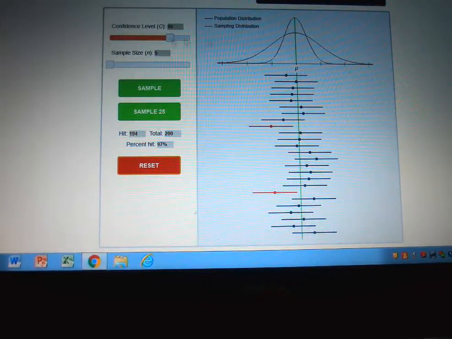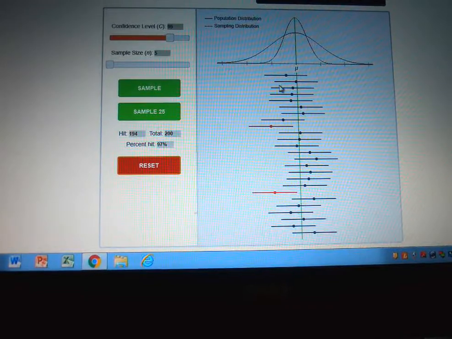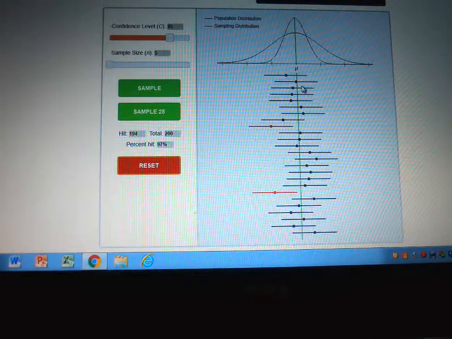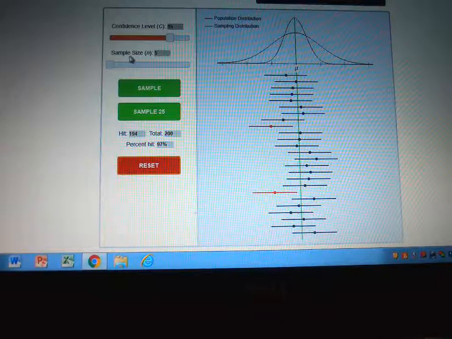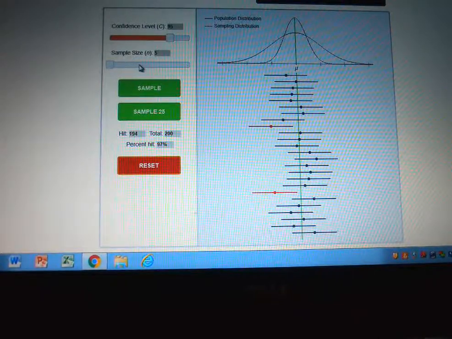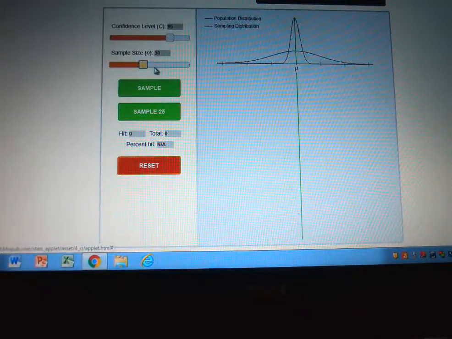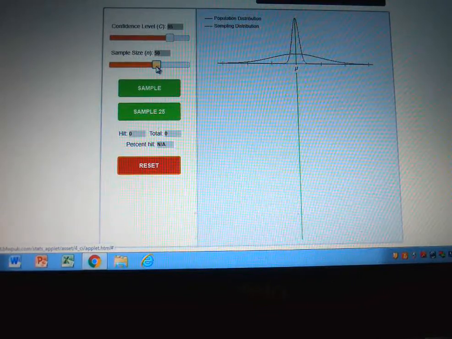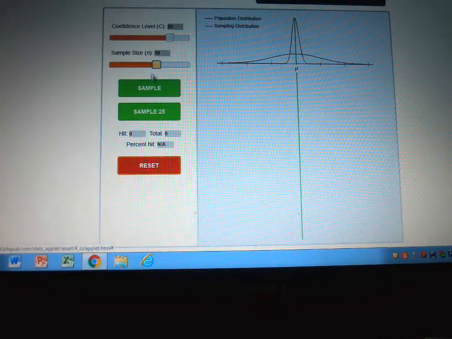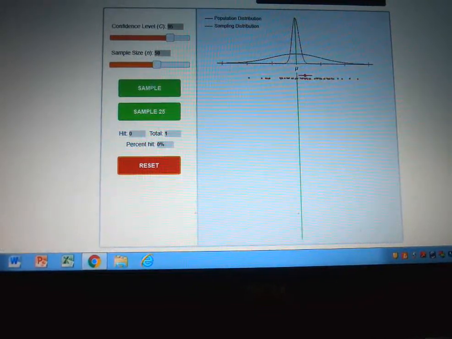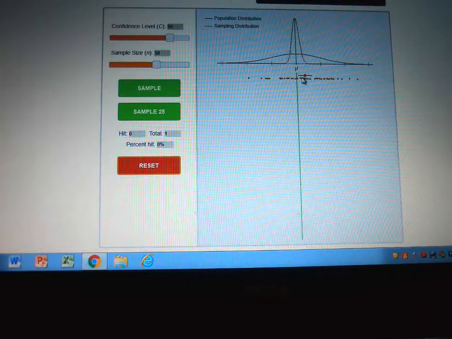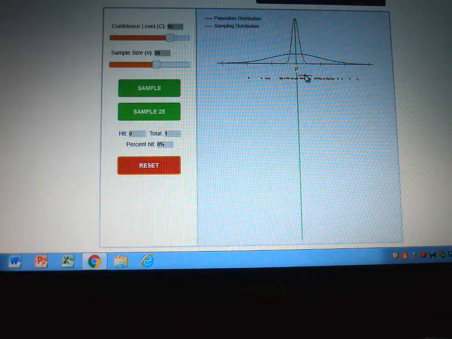Now, if you have a picture of how wide that bar is, let me increase the sample size. It's going to clear this out when I do this. If I increase the sample size to quite a bit larger, I have a sample size of 50. Now when I sample, notice how much more narrow that bar became.